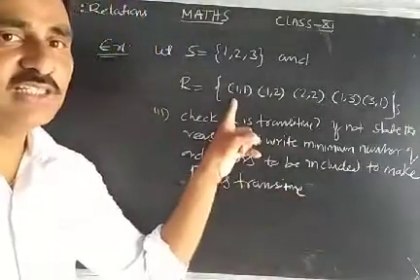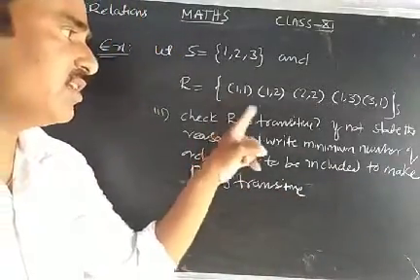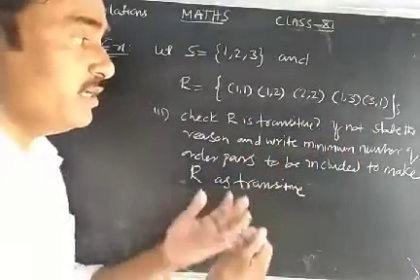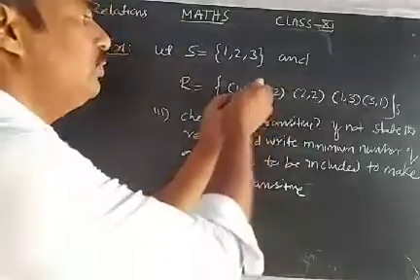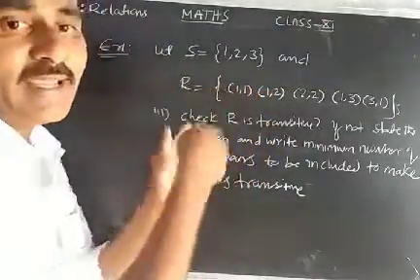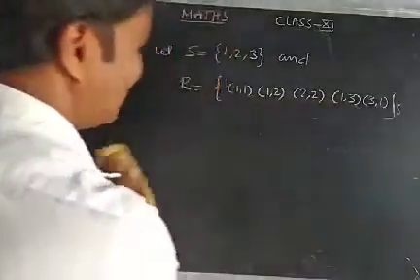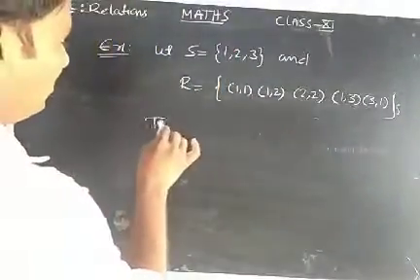Again, we have to check whether this relation is transitive or not. If it is not, we have to give the reason. After giving the reason, how many ordered pairs are needed to be included in R to make it a transitive relation. Okay, right.